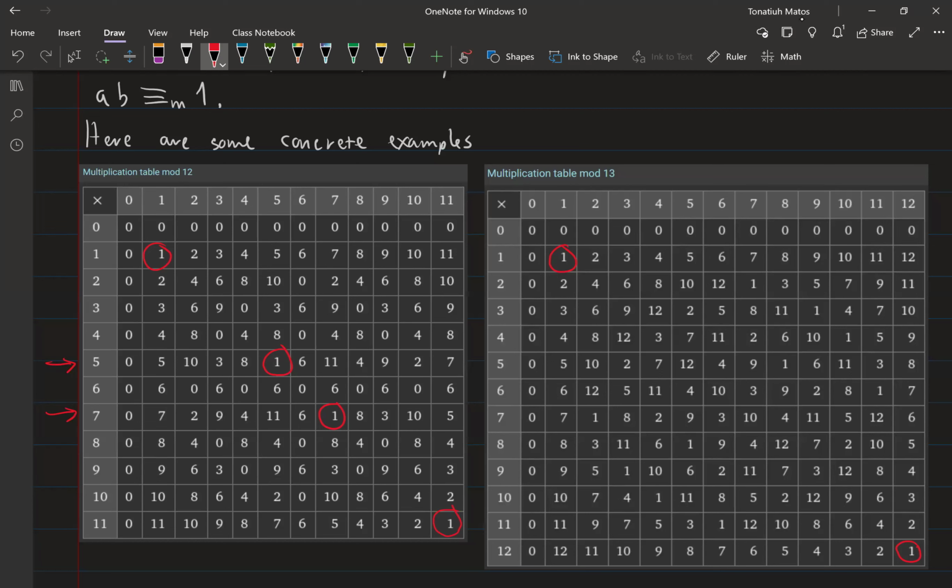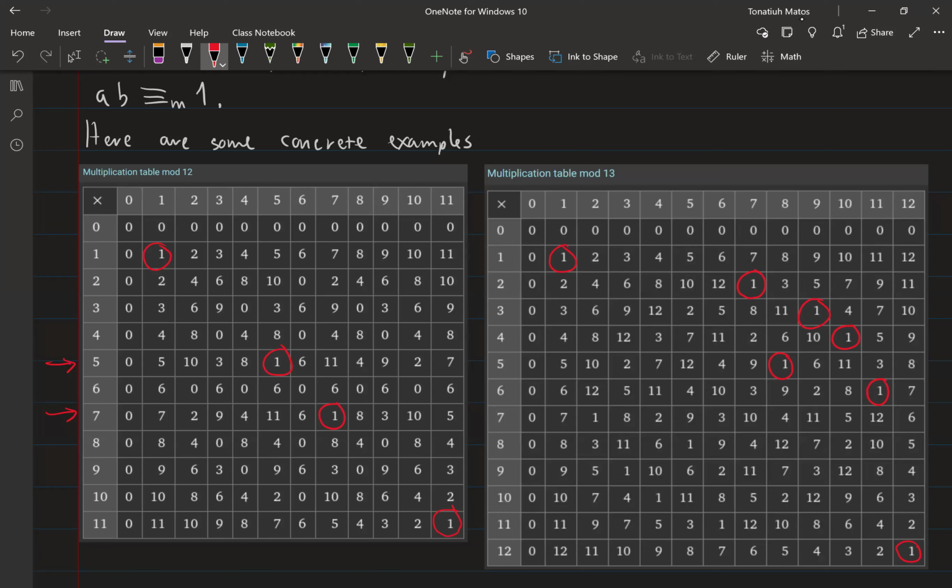So in general, when you are scanning a row to find a number 1, whenever you hit a number 1, the column is the inverse of that row, right? Now, if you look at the table on the right, mod 13, 13 is prime, so we expect every row to contain exactly one number 1, and as we saw last lecture, this happens if and only if every row contains exactly every single number, but shuffled.